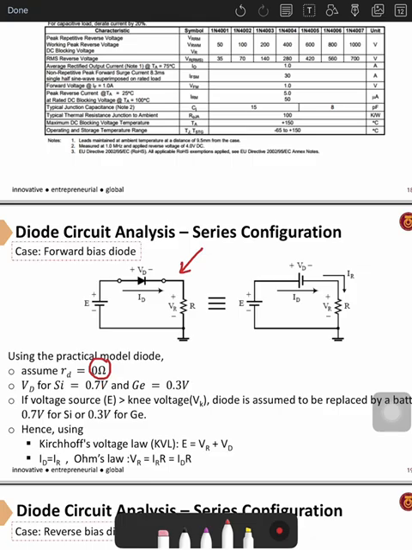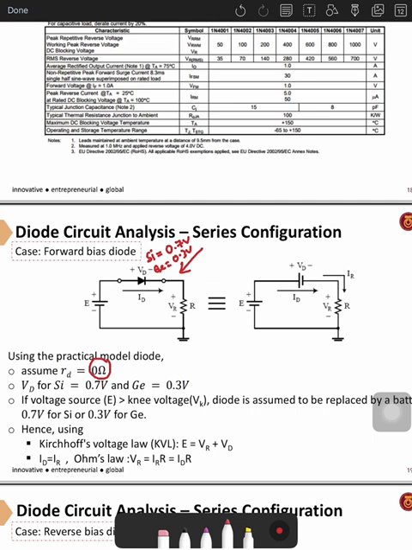Usually it will be written and indicated whether the diode is silicon or germanium. If it is a silicon diode, you need to replace it with 0.7 volt. If it is germanium, you can replace it with 0.3 volt. This is the value that is commonly used.